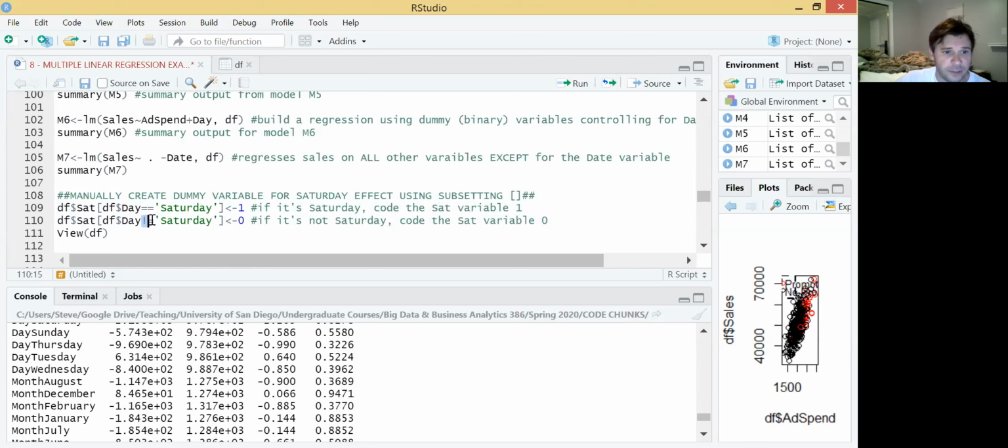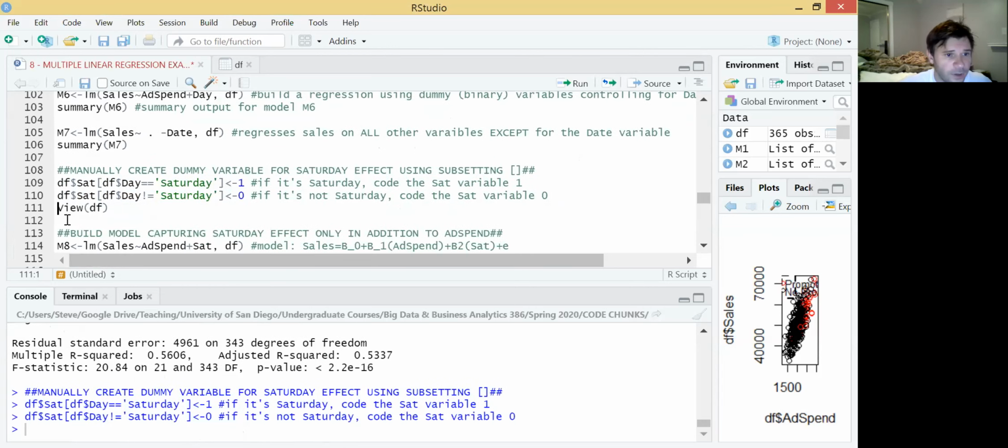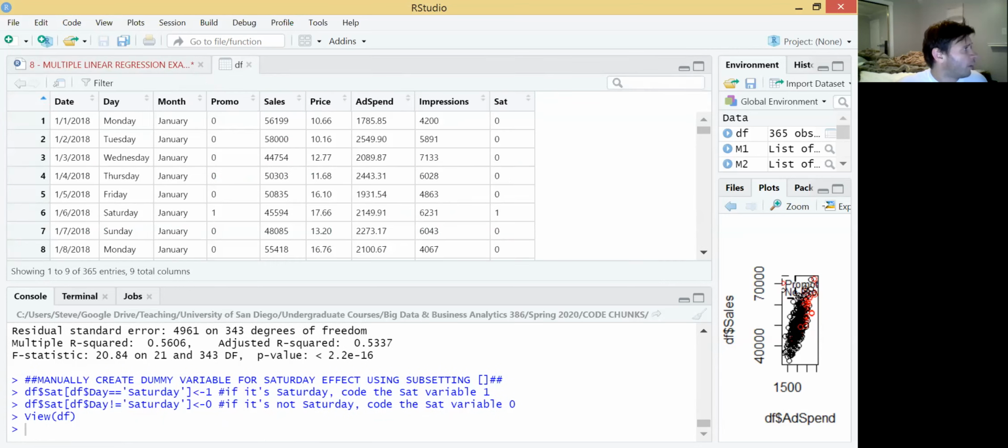And this exclamation point equals is the logical expression for not equal to Saturday. So if we do this, and we view our data frame now, you'll notice, what do you see here? Well, in that far right column, we've added this Saturday variable, and it has a 1 showing up when it's actually Saturday, but when it's not Saturday, there's a 0 showing up, in the case where it was Tuesday, right, or Monday.